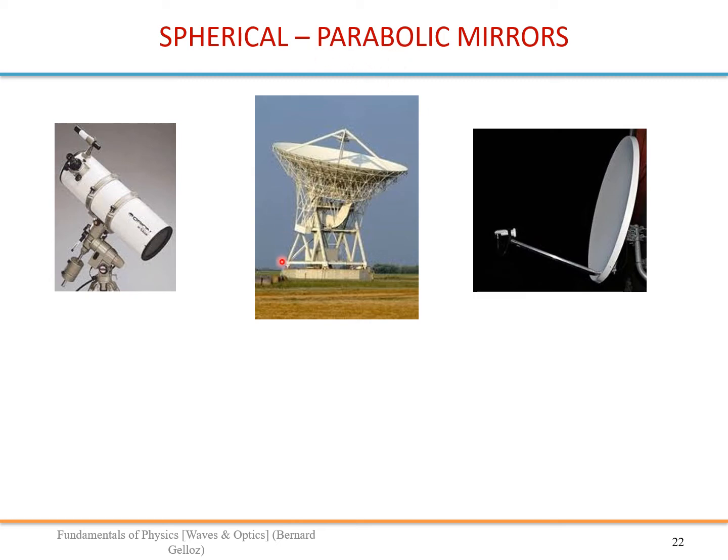So astronomy, these two cases, or okay, this could be maybe parabolic, but this could be actually a spherical shape, depending on the price you put on the dish here. So the signal is concentrated, is reflected here to that point, which is the focus point.